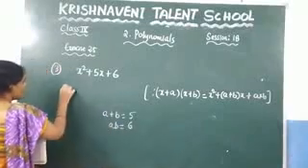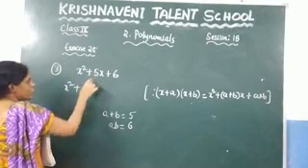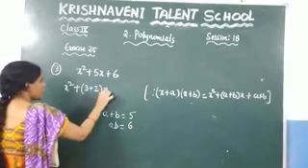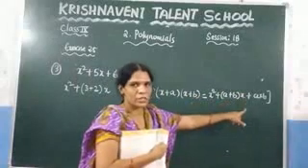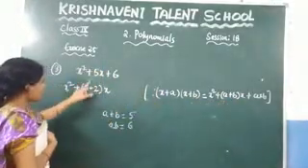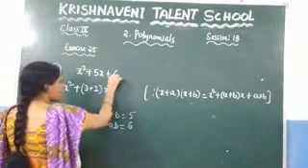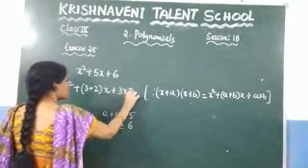So write this one as x squared plus a plus b into x. I have written this as 3 plus 2 into x, right? Because x squared plus a plus b into x. So 5 you can write in the form of 3 plus 2. Now plus 6, how can you write it? You can write it as a into b, which is 3 into 2.